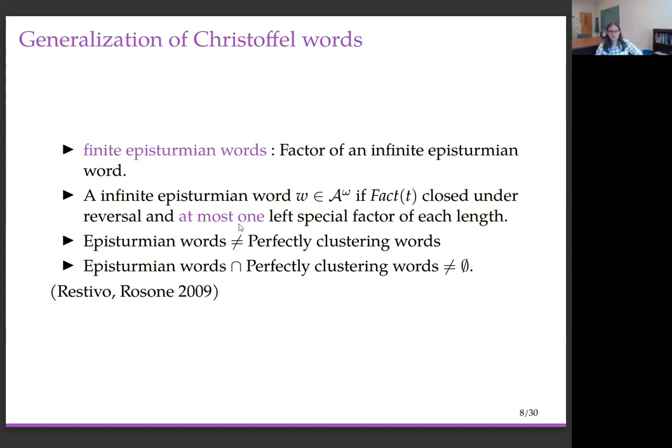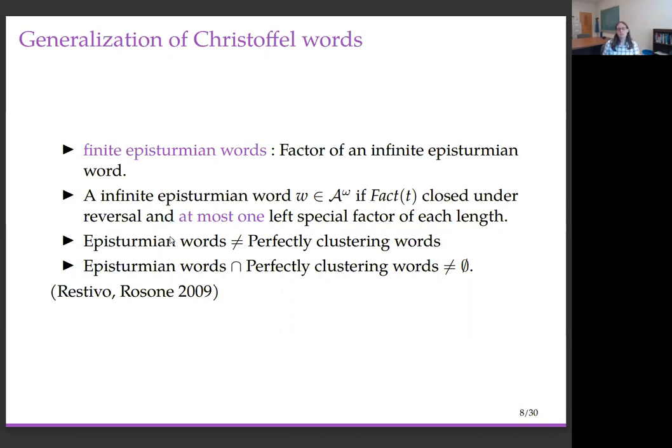An infinite episturmian word is an infinite word W such that the set of factors of W is closed under reversal, which means if a word is a factor, then its mirror image, the word read in reverse order, is also a factor of W, and at most one of its factors is right special for each length.